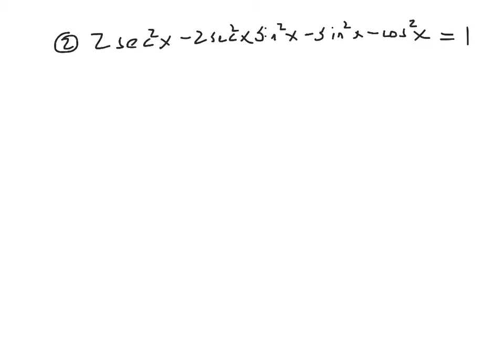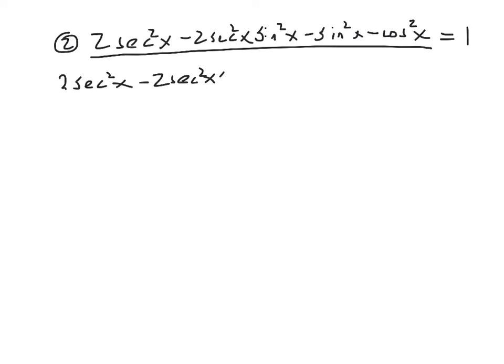Okay, so clearly this side looks a little bit more complicated than the other side, so we're going to recopy that: 2 secant squared minus 2 secant squared sine squared minus sine squared minus cosine squared. Now, what in the world do I do with that?